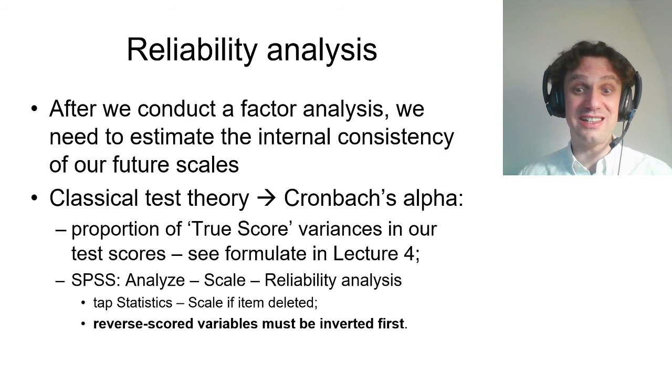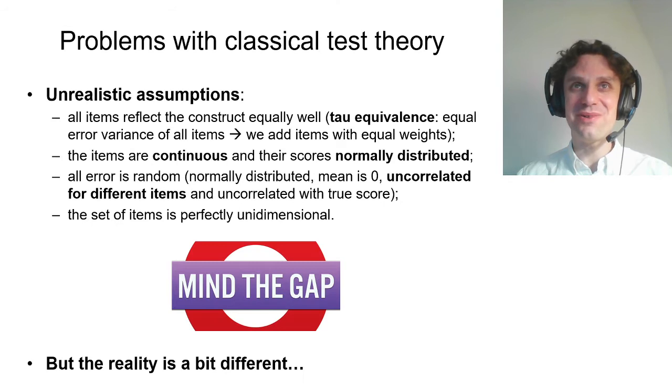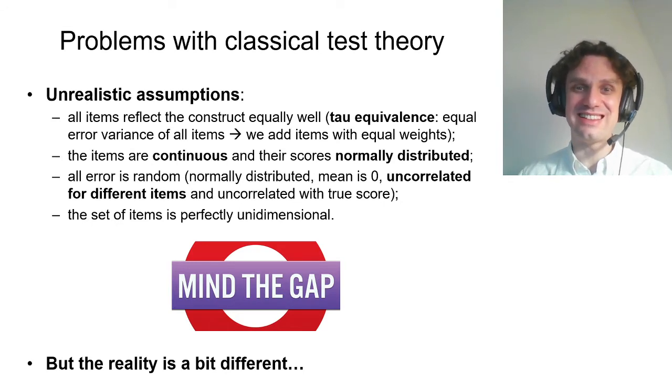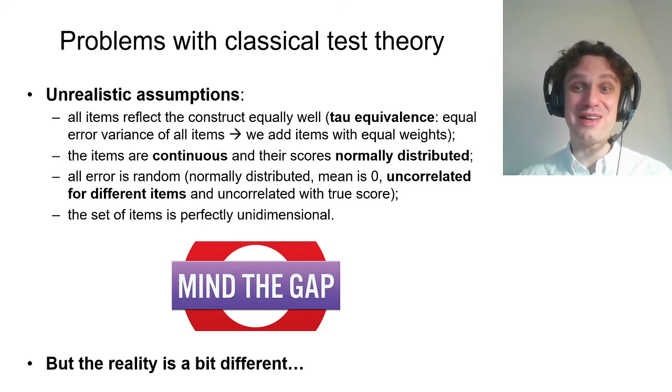And we can use here either Cronbach's alpha, good old Cronbach's alpha that is available in SPSS that maybe you have all tried already at some point. I will just remind you that Cronbach's alpha makes some unrealistic assumptions about our data. For example, it assumes that all my questions measure my latent construct equally well.